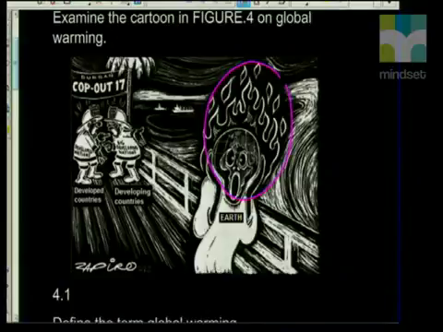Because we get some funny answers. Somebody interpreted this before and mentioned that the problem here is that these 2 men are fighting while this man's head is burning and he's going to die because they're not going to look after him. That's a literal meaning. We have to look further into it.